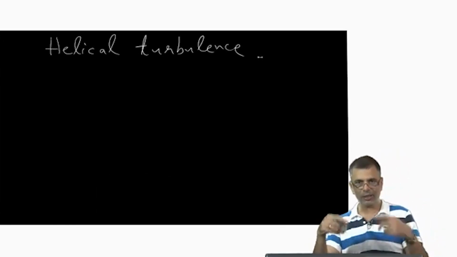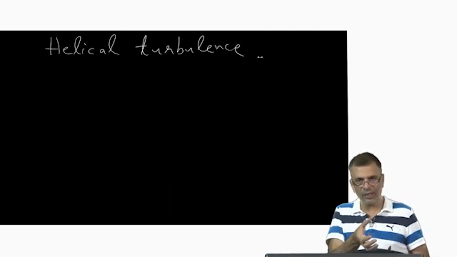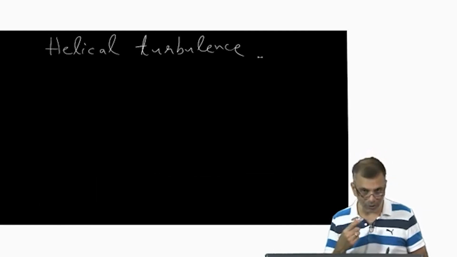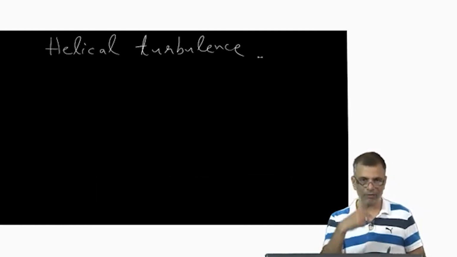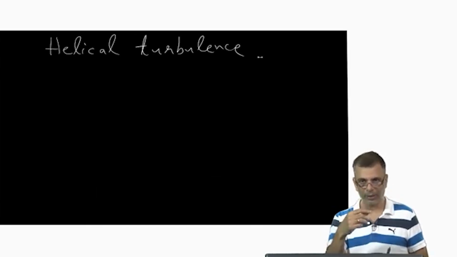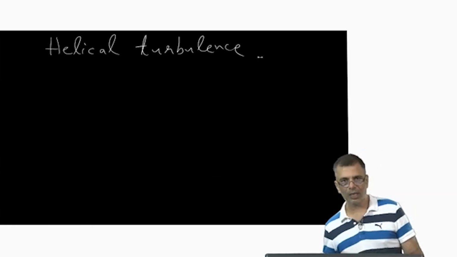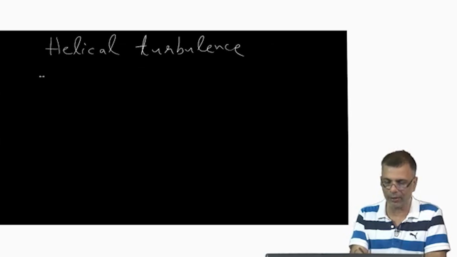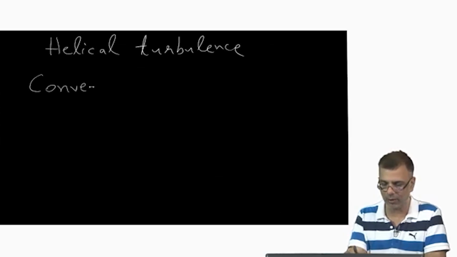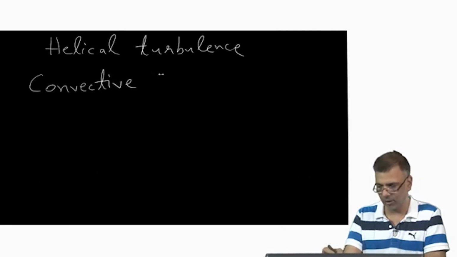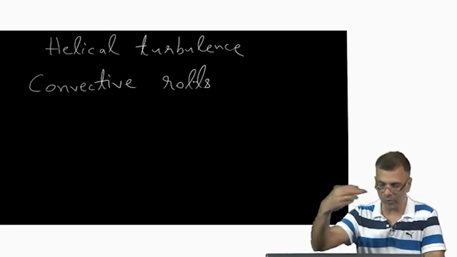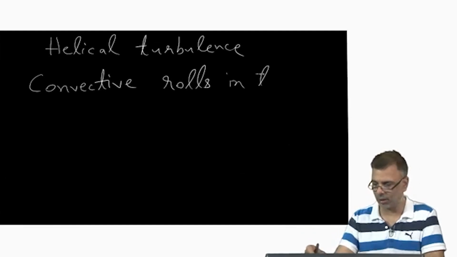Turns out that the interior of the sun, if I remember correctly, the last 30% of the sun's depth, is convectively unstable. What this means is that there are always convective bubbles in the plasma which are flowing. So you have to accept the fact that there are convective rolling motions in the interior.